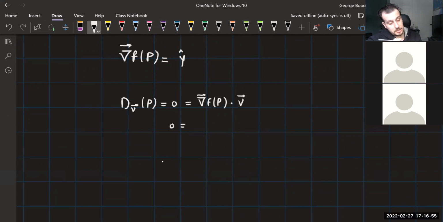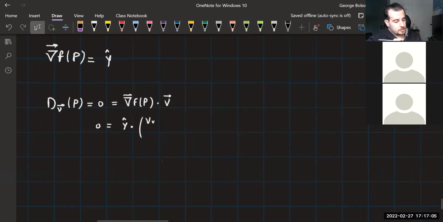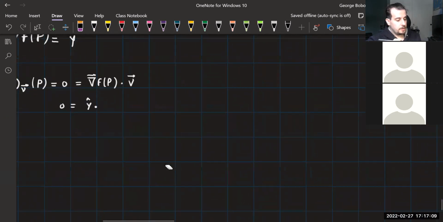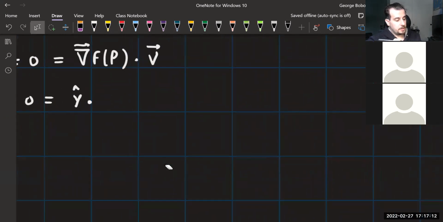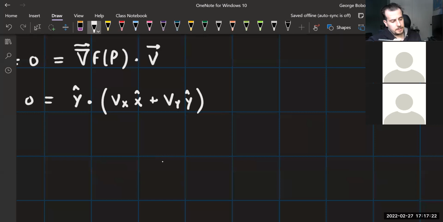So again, they're asking me to dot y hat with some vector that has an x component and a y component, Vx and Vy. Let's write the vector in terms of Cartesian unit vectors, so he can have some x component and some y component. I'm writing it like that because it's easier for you to see.